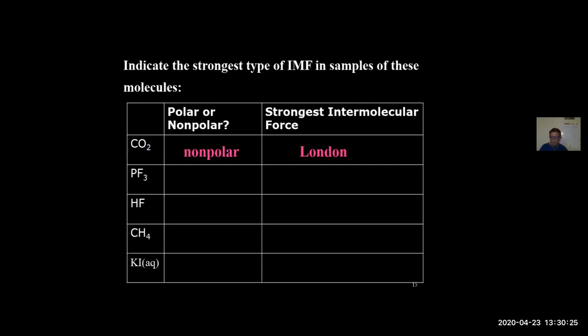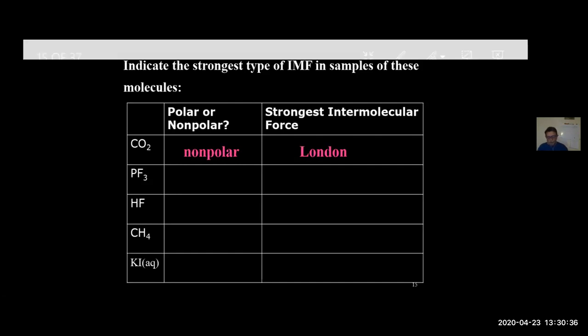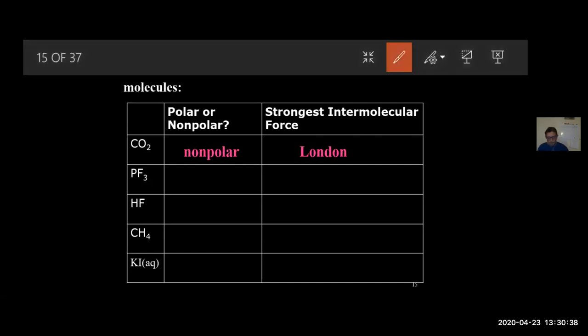The PF3, again, we have to draw the Lewis dot structure, and when we do that, you will come up with phosphorus in the center and the three fluorines bonded to it.